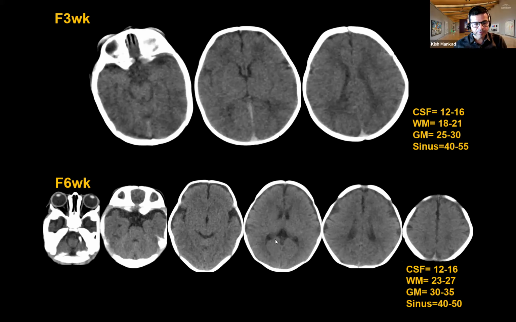As they mature, the density of that does come down quite drastically. By 3 months or so, it's all normalized. And CT can help you measure these densities, except that I'm not going to teach you how to use these values today. But I'm just going to give you an overview of what the physiological appearances are at that particular age group.